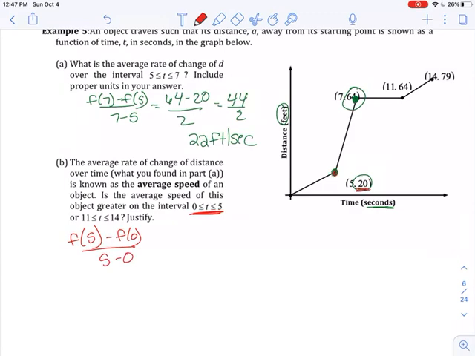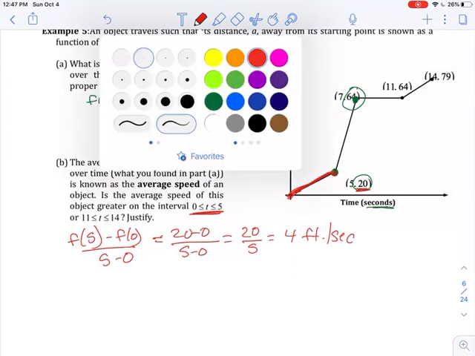So f of 5 minus f of 0 over 5 minus 0. So f of 5 again is 20. F of 0 is 0. And 5 minus 0. So this is 20 over 5, which is 4 feet per second.